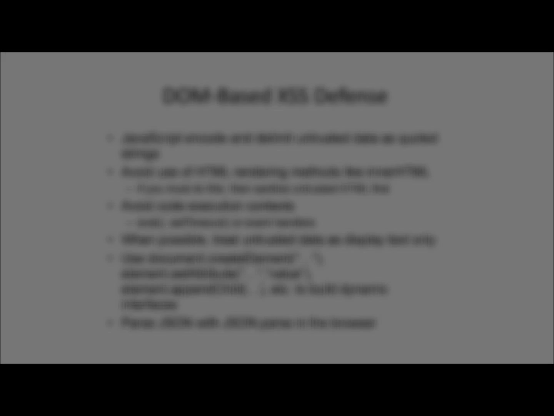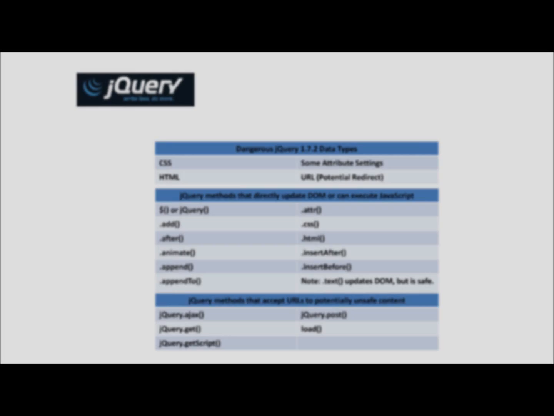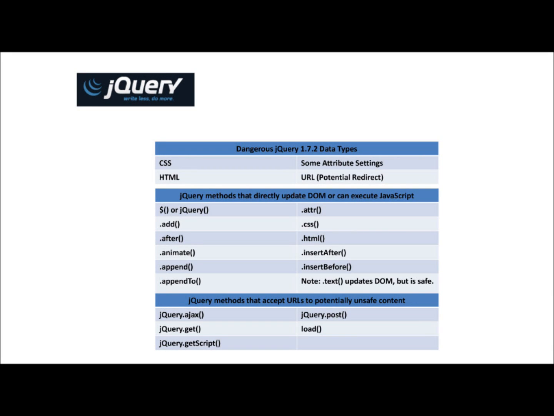But if you use jQuery.text, this is always going to be safe. Even if there's evil code in this untrusted data, the .text API in jQuery will render that in your browser in a very safe way.